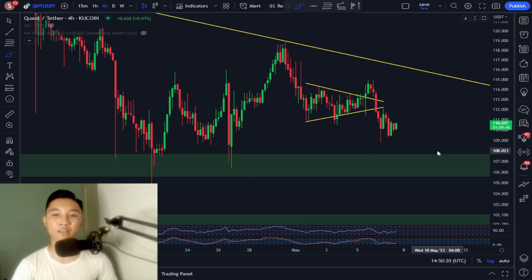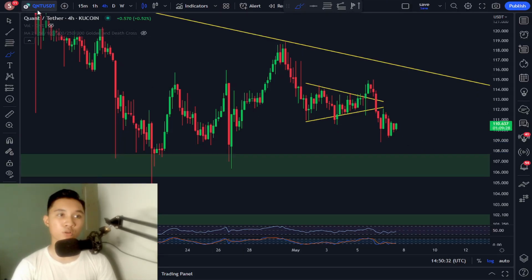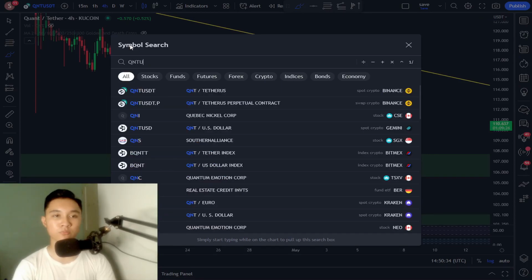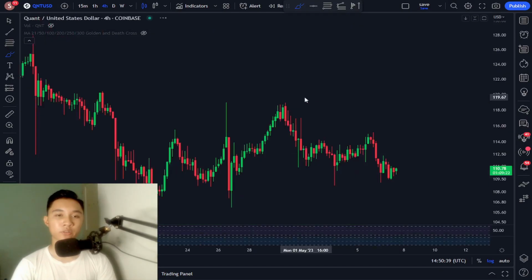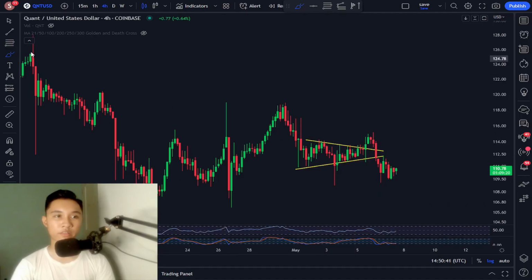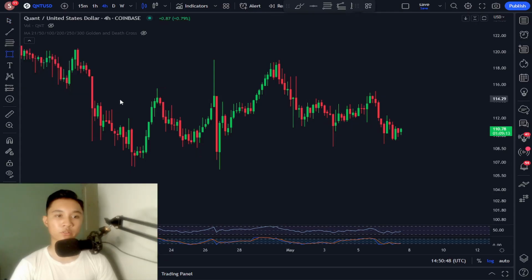So right now I am expecting the price, with a high likelihood, could continue moving to the downside towards support right here. And what I have come to realize lately based on the charts is that if we move to a brand new, let's say clear chart right here, you guys can see that within this new chart there is support and resistance currently acting for the Quant price.